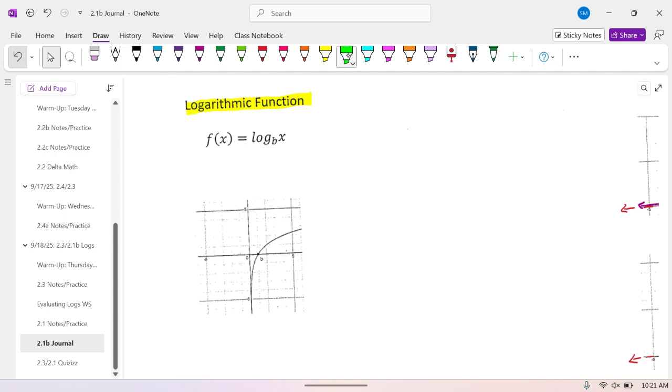So with a logarithm, this is your general form. And remember, just to note, this would be your exponent technically. Your b is always your base. And then the value next to the log itself is known as your argument.